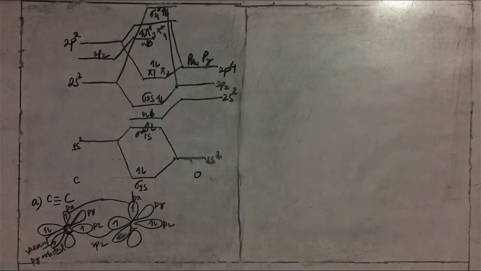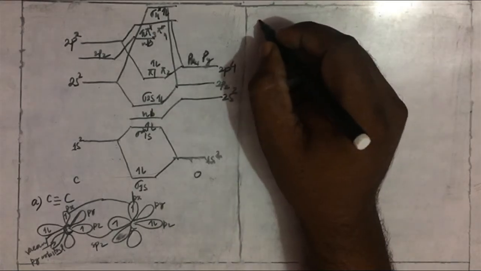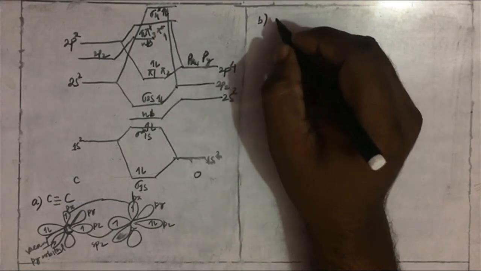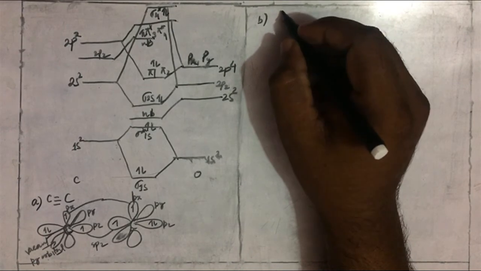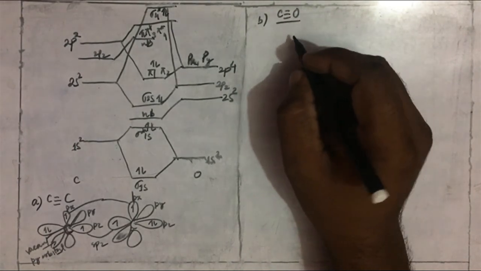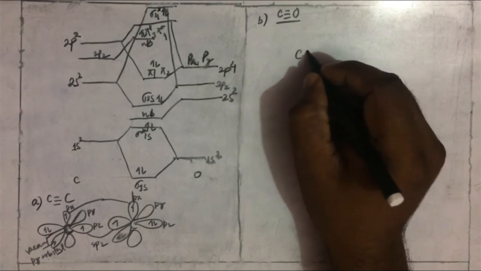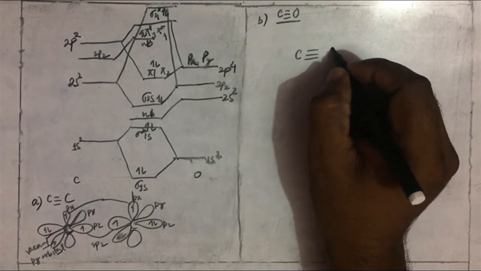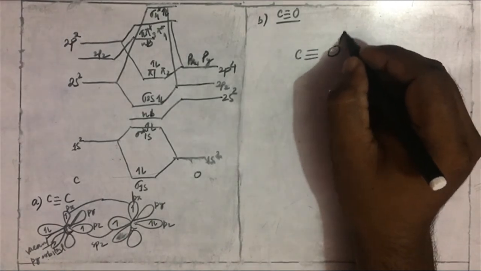And now we see structure B, C triple bond O. So how will it overlap? If you see, draw this like this.